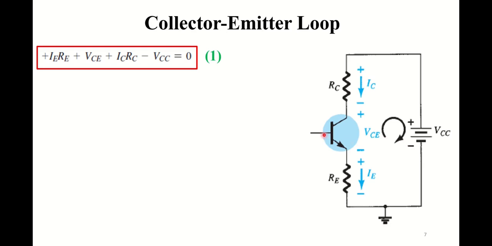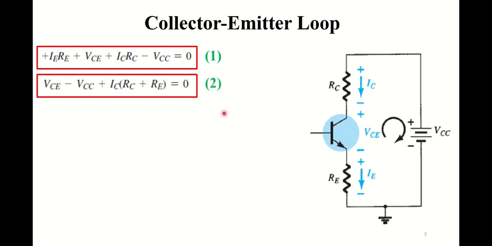By taking IC common from the voltage drops across RC and RE, we can rewrite equation number 1 as equation 2. Now let us separate VCE from the remaining terms of equation 2 as represented in equation number 3. That will give us the value of voltage drop across collector emitter junction of a BJT.